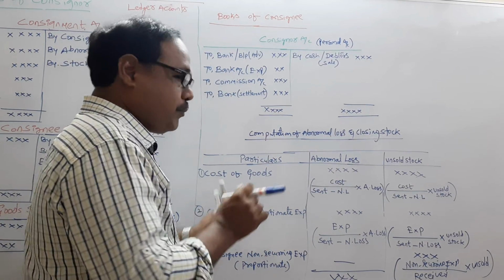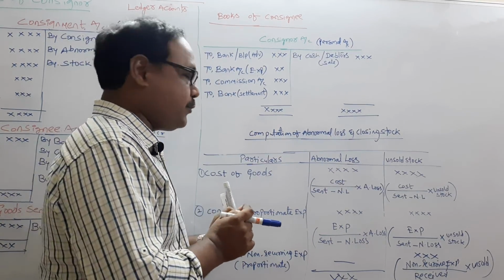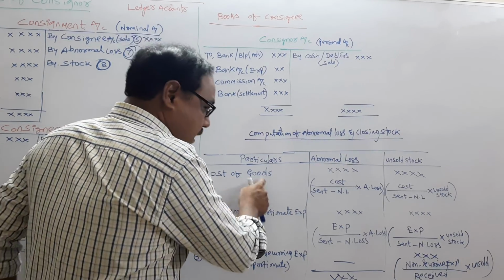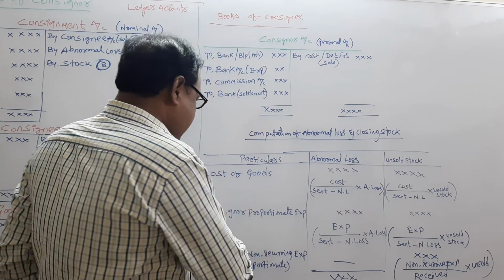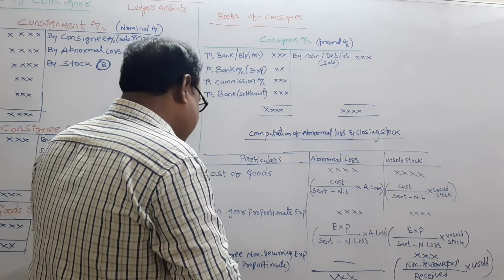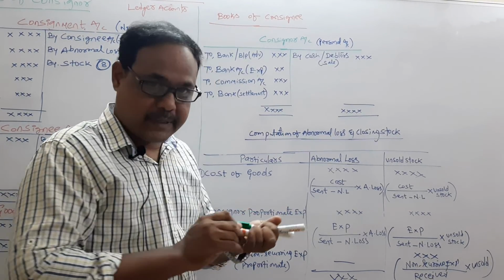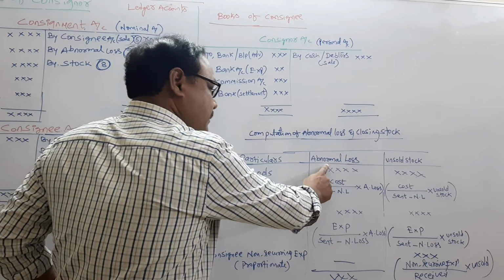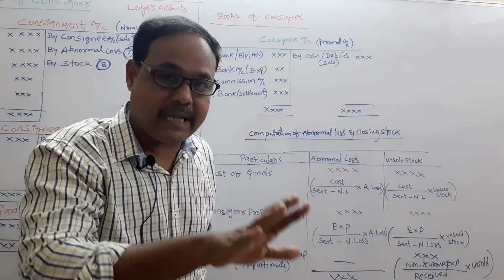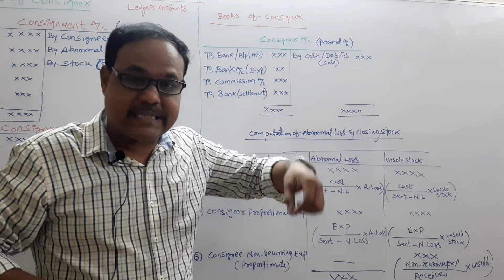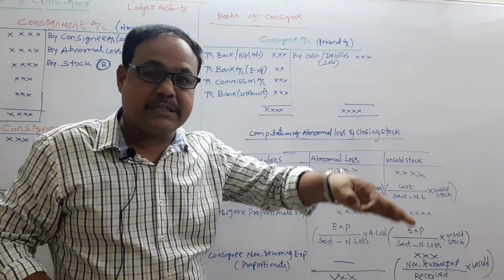Okay, now first of all, we will calculate the abnormal loss. So there are two elements of computation of abnormal loss. One is cost of goods lost, and the other is proportionate consignor expenses. Okay, this is abnormal loss during transit. Why am I insisting on abnormal loss during transit?